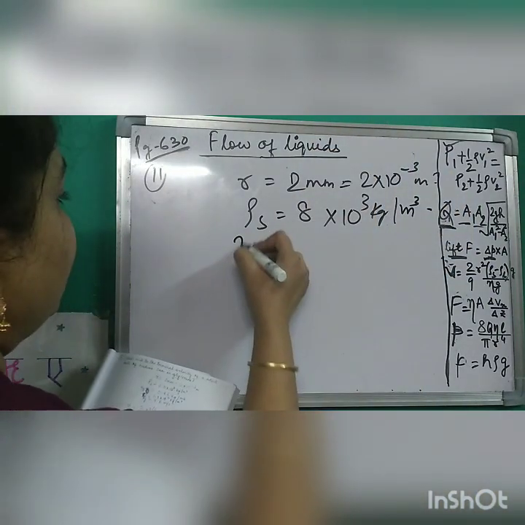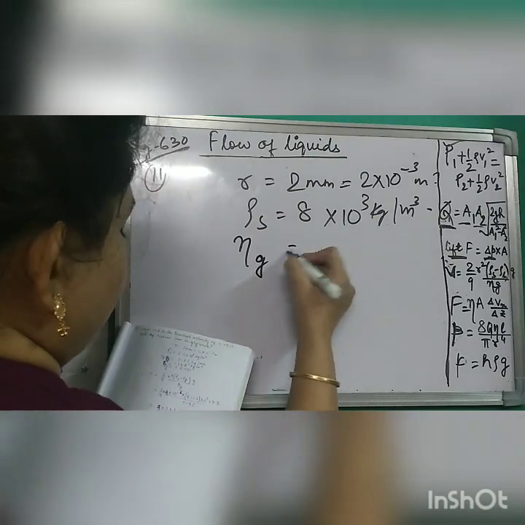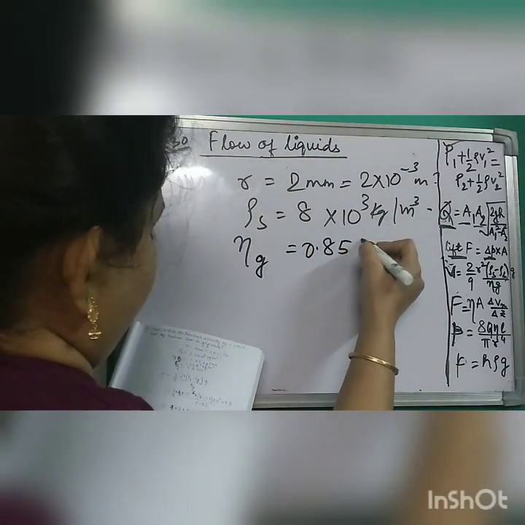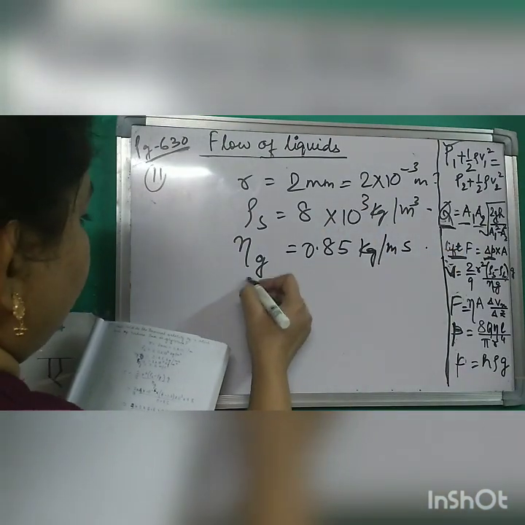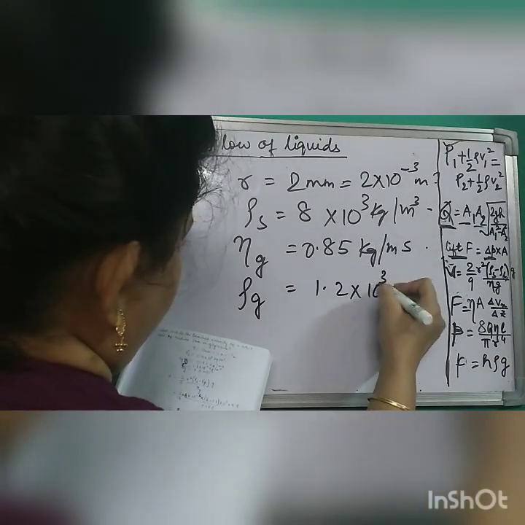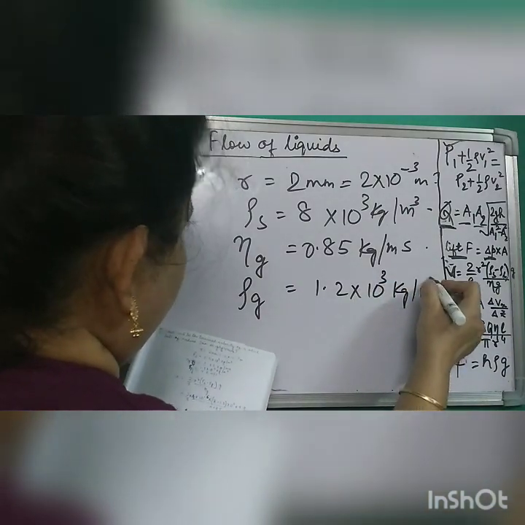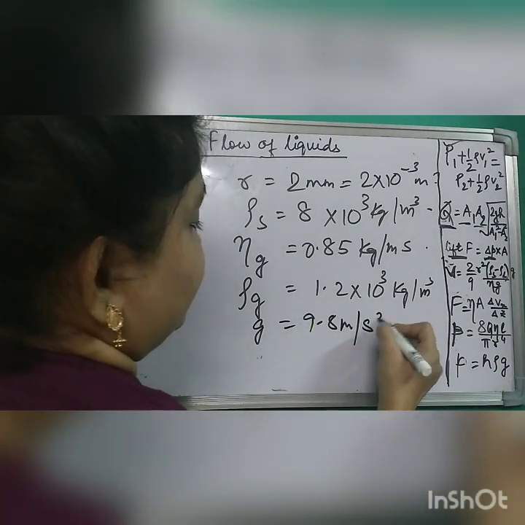The viscosity of glycerin is given as 0.85 kg per meter second. The density of glycerin is given as 1.2 into 10 to the power 3 kg per meter cube. And g you take as 9.8 meter per second square.